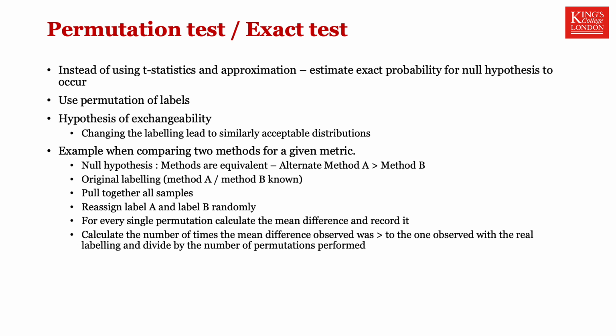And you calculate again the mean of A and the mean of B, and the number of times that, according to this fake labeling of A and B, you have A that is more than B.